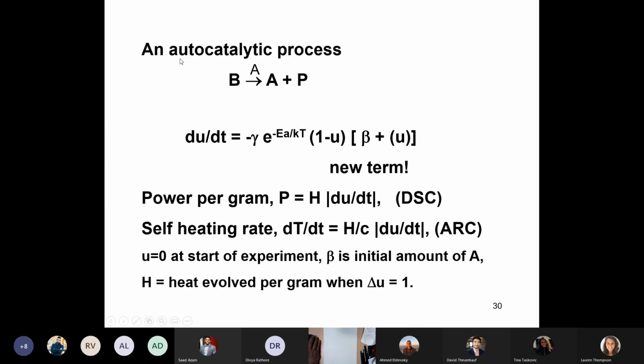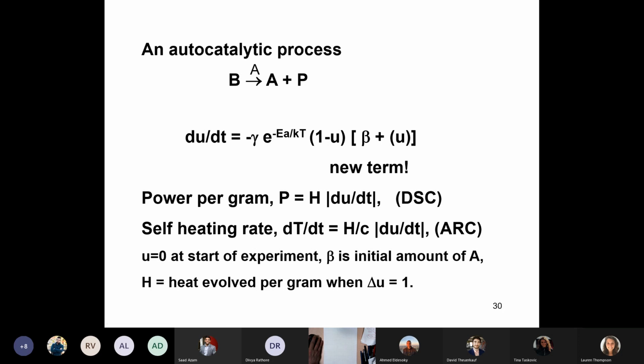So if you have an autocatalytic reaction process where something decomposes in the presence of something A, and you create more A as well as other products, then this reaction accelerates as it continues because you keep making more of this catalytic material A. That's called autocatalytic, all right?